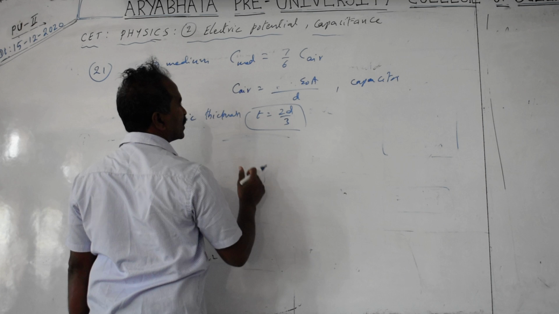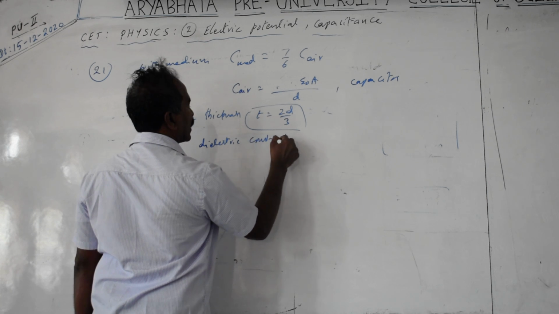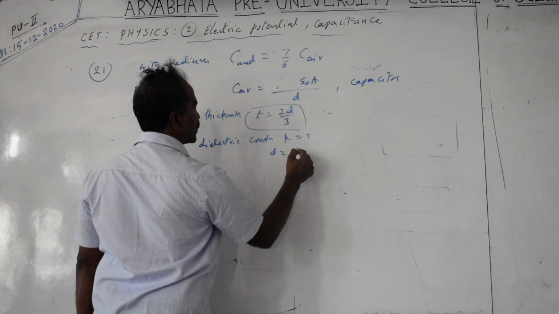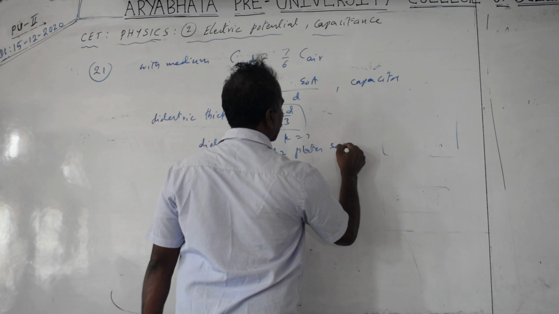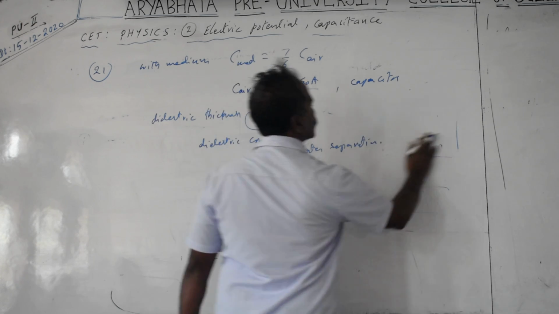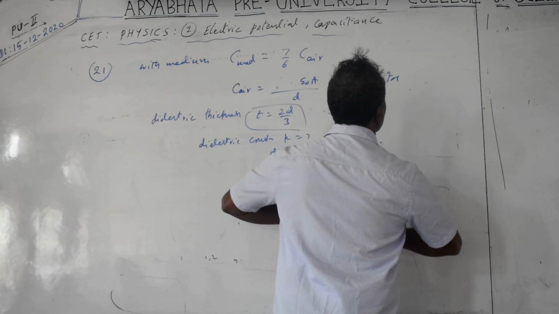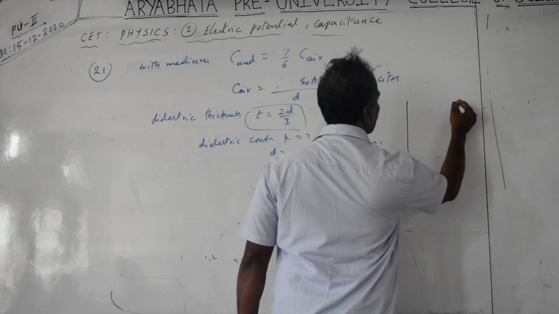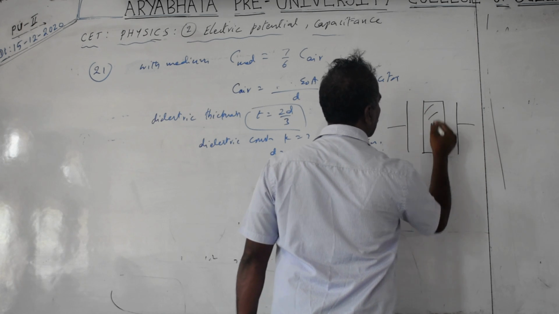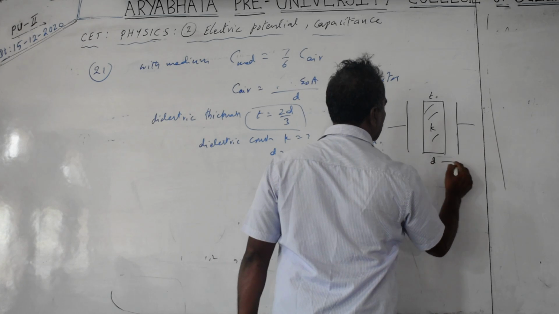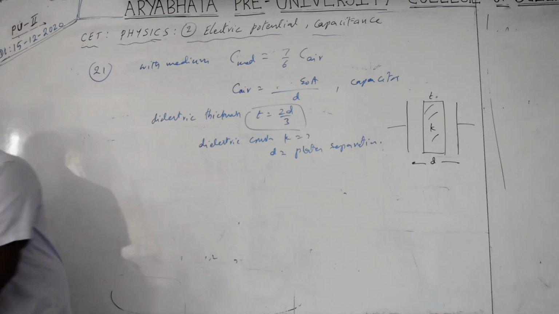Next, with the dielectric medium incompletely filled, the dielectric constant is K, D is the plate separation. The dielectric introduced has constant K and thickness T, but the total separation is D. Capacitance only changes; whether the battery is there or not doesn't matter.